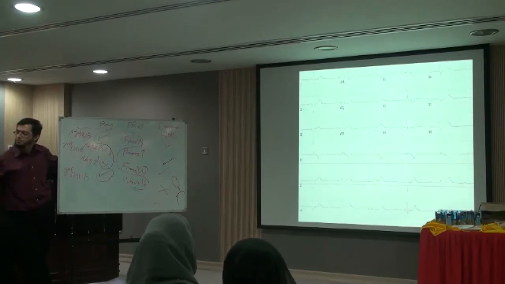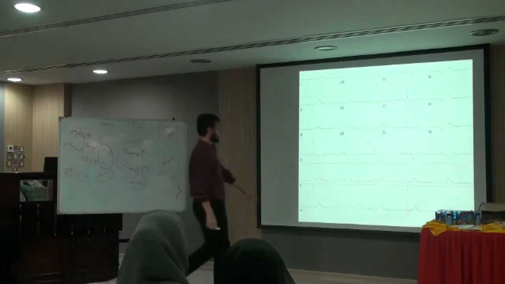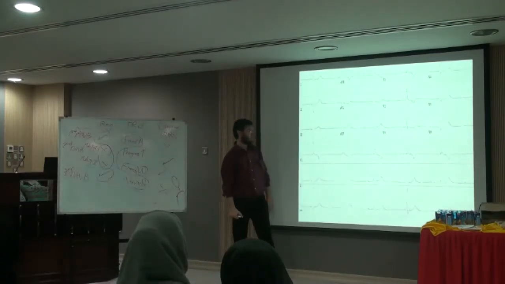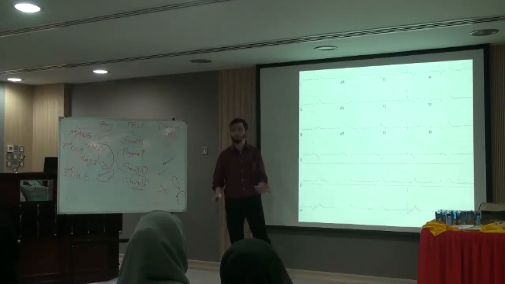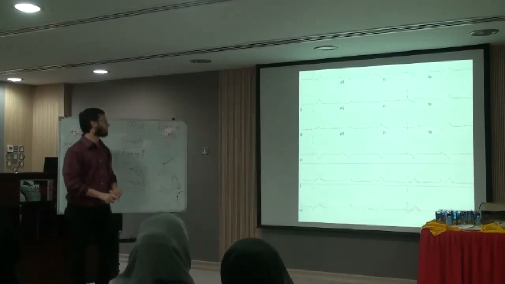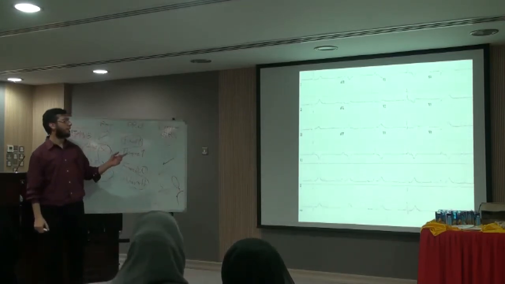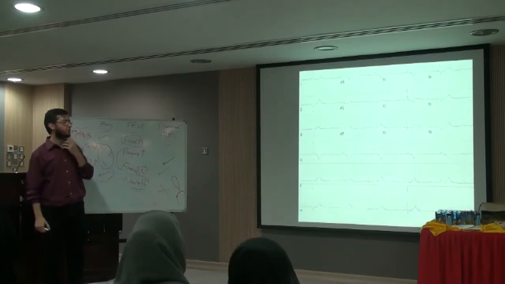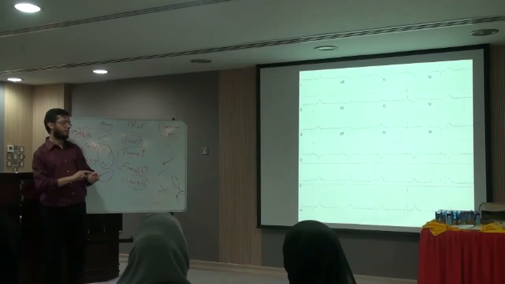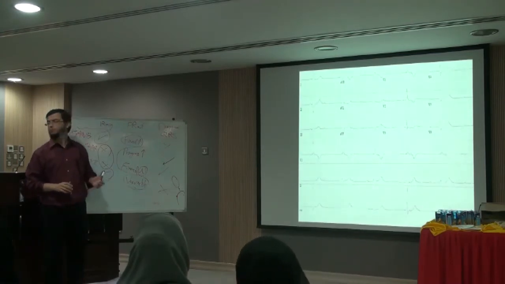No. But it looks like progressive prolongation. Yeah, it looks like progressive prolongation. But because it is regular, most probably this is first or third. Okay? So any dropped beat? No. If you calculate the heart rate, it will be regular. I mean the heart rhythm will be regular.